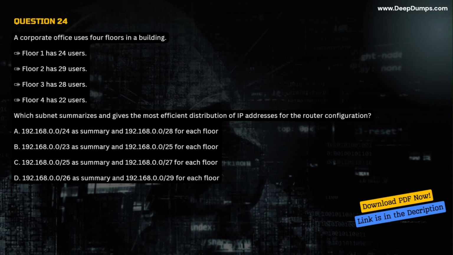C. 192.168.0.0/25 as summary and 192.168.0.0/27 for each floor. D. 192.168.0.0/26 as summary and 192.168.0.0/29 for each floor.